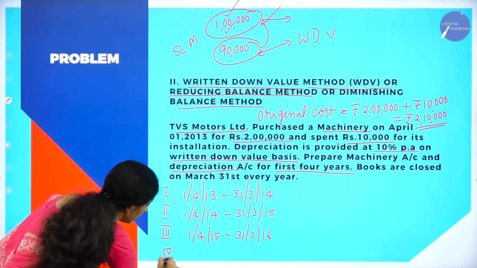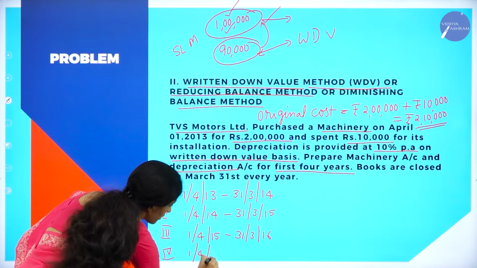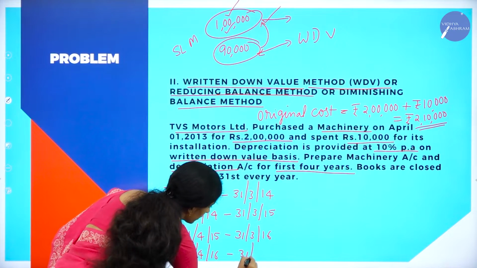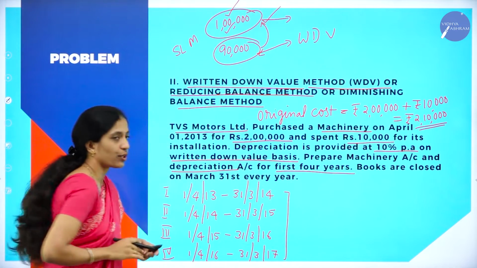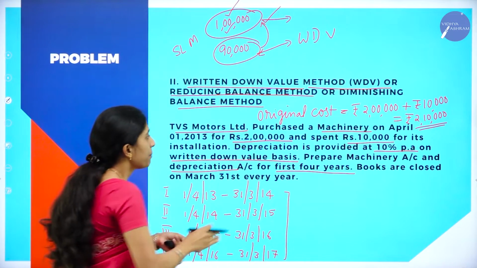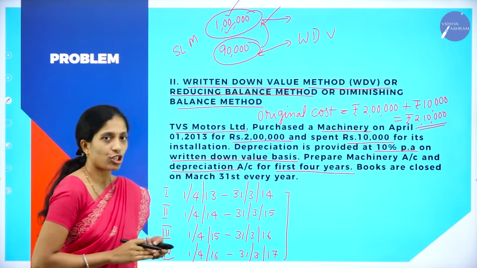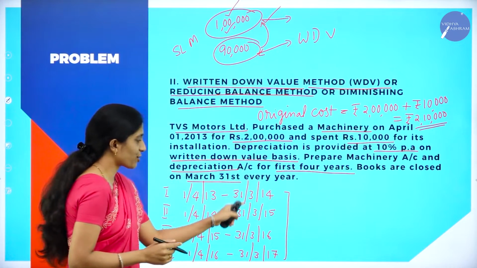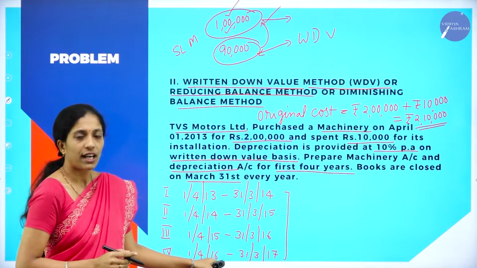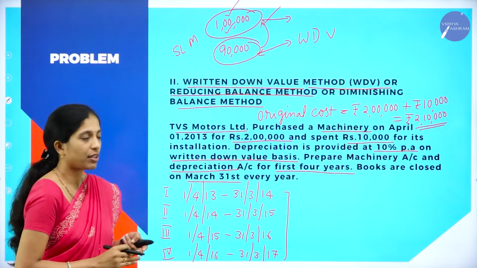Now fourth year, 1/4/2016 to 31st March 2017. So these are the first 4 years where we have to prepare machinery account and depreciation account. Books are closed on 31st March every year. Of course, we have closed our financial year on 31st March every year.